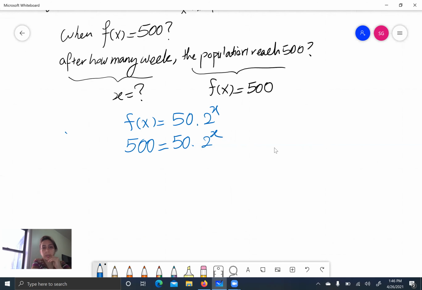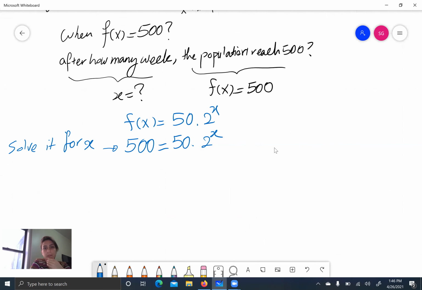The first thing is that we need to solve this equation for x. We learned from algebra that we can simplify it.